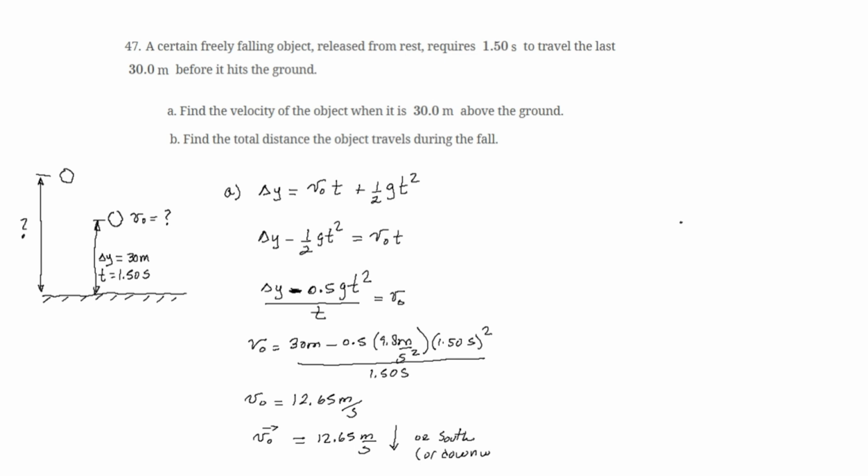It says south, but maybe that's not accurate, because I really have an object that is falling. South makes more sense when the object is moving horizontally, on the surface of the earth, so it makes more sense to talk about south or north, east, west. So let's say just downward. It's going to be more accurate.